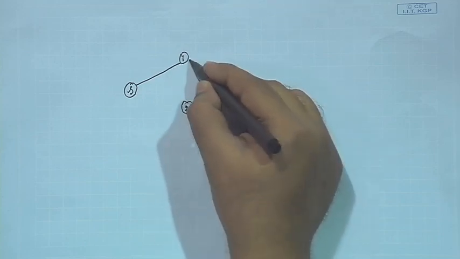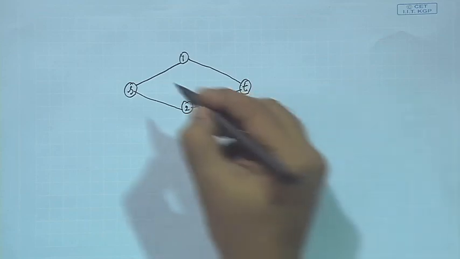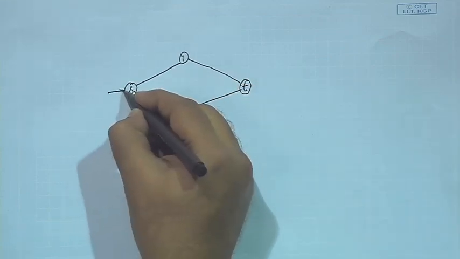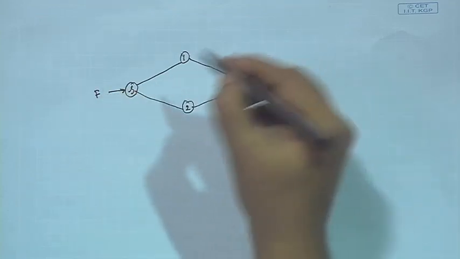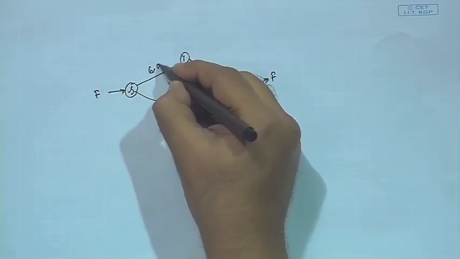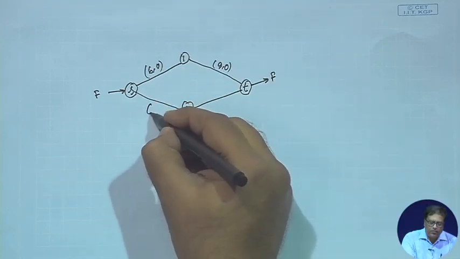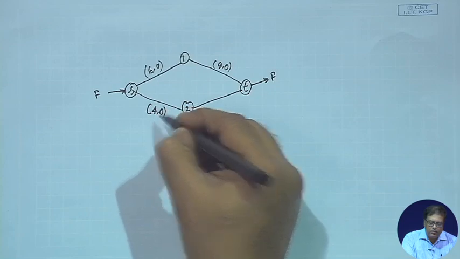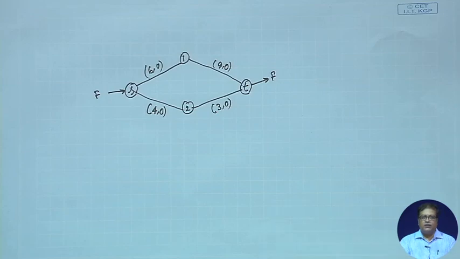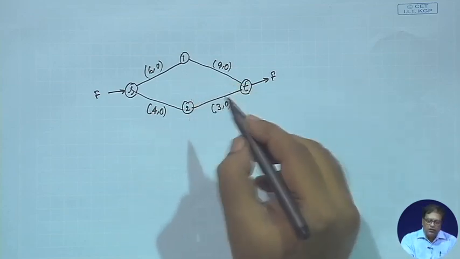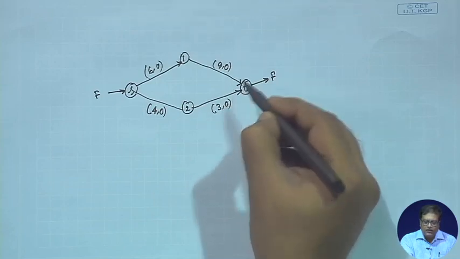So, flow is in these directions, right. Some flow is coming in here and the flow is going out of here. Now, S to 1, suppose capacity is 60, 90, 40 and 30. So, what are these? These are capacities of this flow. This is all unidirectional, that means these are the forward directions I have shown.